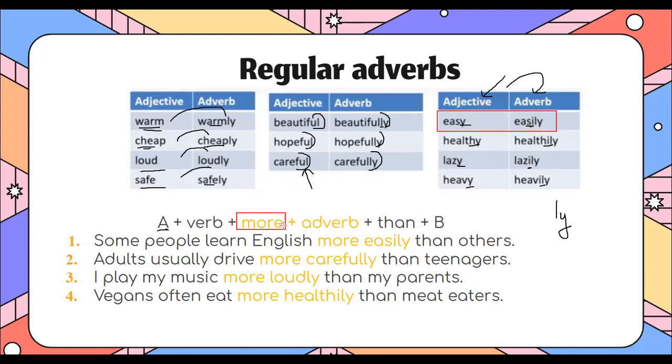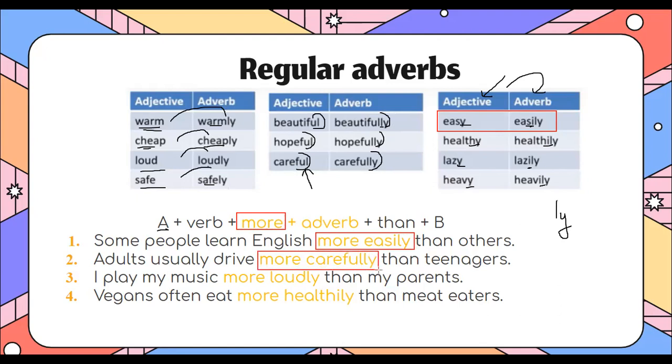The positive thing is that we don't have short adverbs or long adverbs where we count syllables. The majority of regular adverbs are going to have more and "ly" at the end.